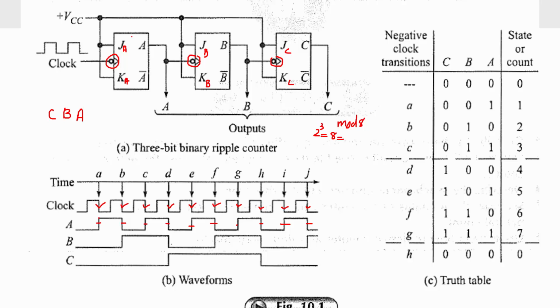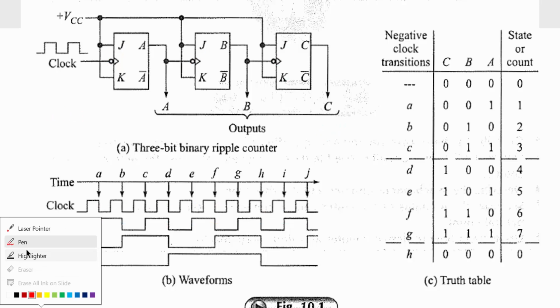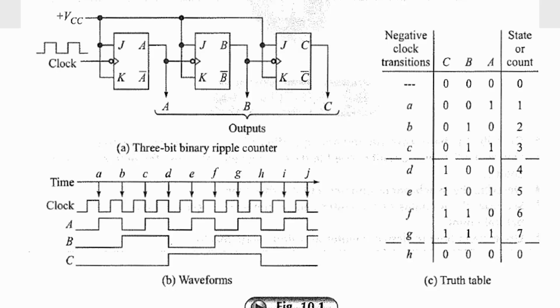Okay, now the output A goes to the clock of your second flip-flop, which means the negative edge of A triggers this particular flip-flop. So we will toggle during the negative edge of A. We have already finished the timing diagram of A, so we can consider the negative edge of A. This is the triggering for the next flip-flop.